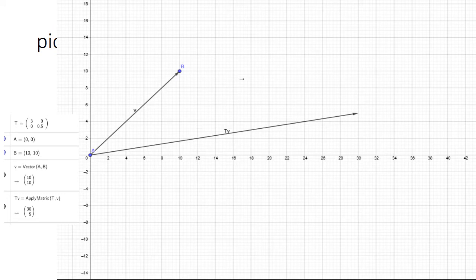And here is an example. We have a vector v whose x and y coordinates are 10, so you could write the vector as a row vector 10 10. And we have a 2 by 2 matrix, or linear transformation, named T, with entries 3 0 0 0.5.